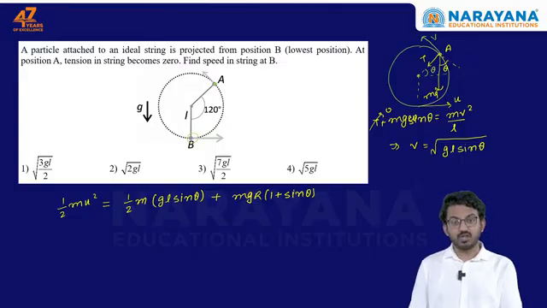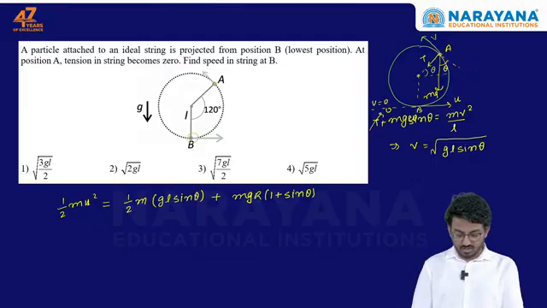Initially we have kinetic energy only, and finally kinetic plus potential energy, because we have considered the reference at B for gravitational potential energy. Solving this, we can move on.